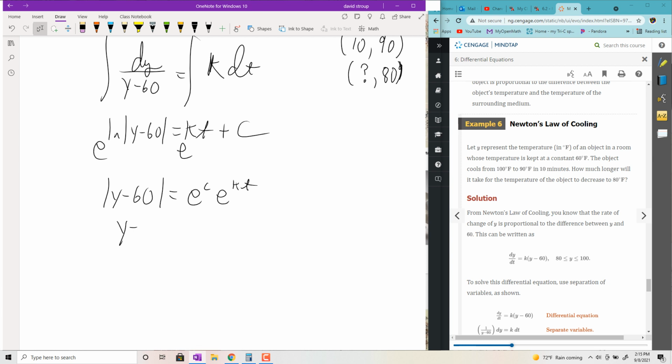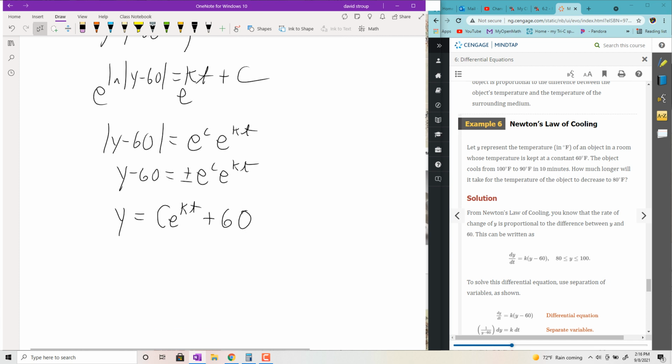Drop the absolute values, replace it with plus or minus, and then finally replace the plus or minus with a C and move the 60 to the other side. So it's basically just the exponential growth equation, but then you have to add in this room temperature of plus 60.